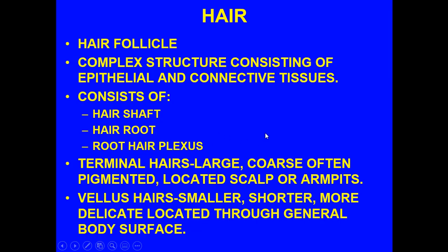First off, a hair follicle is a complex structure consisting of epithelial and connective tissues. Now this consists of basically the hair shaft. All that hair, you hear it in your commercials, feed your hair and all this other stuff. Hair is dead cells, okay, except around the root hair plexus.